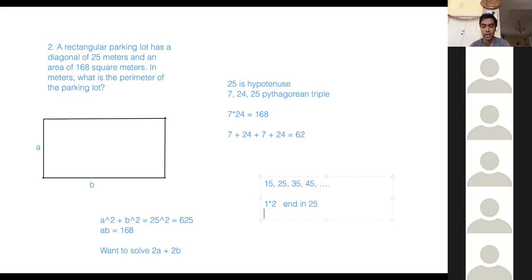So for 15, I take the number 1, multiply it by the 2 above it, and put a 25 at the end. It becomes 225. So what happens with 25?